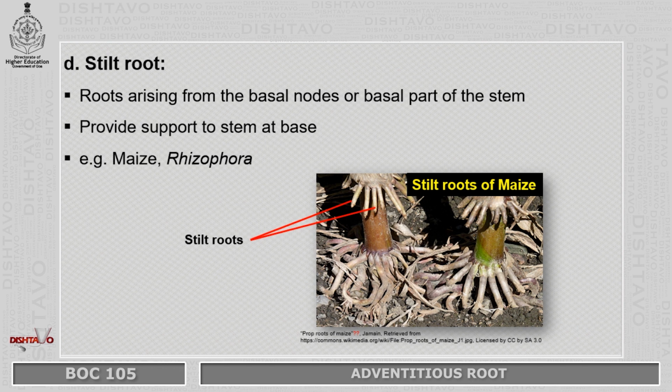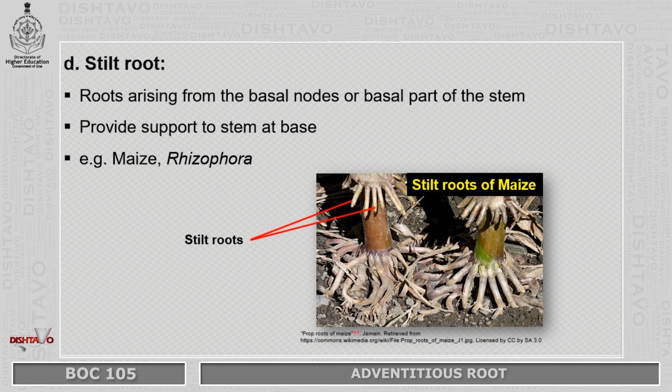Then stilt roots. These roots are also adventitious roots arising from the basal nodes or basal part of the stem. They also provide support to the stem at the base. This type of stilt roots is mainly seen in maize.